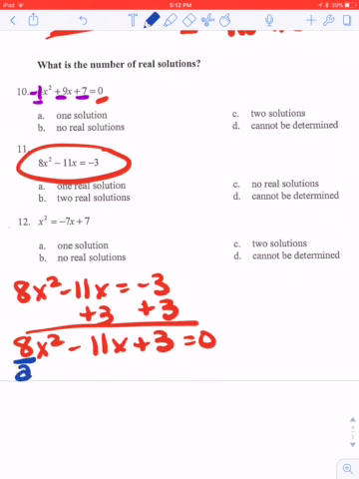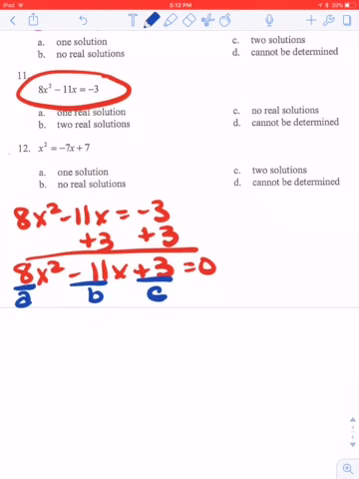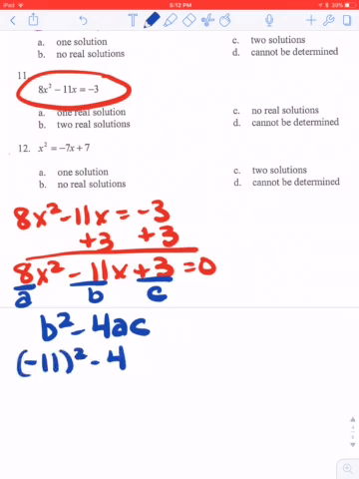So here's A, here's B, and here's C. And I'm going to plug it into b squared minus 4ac. So negative 11 squared minus 4 times 8 times 3.